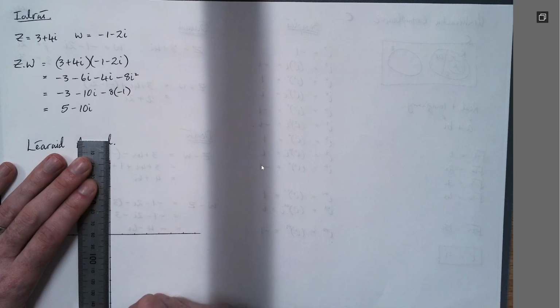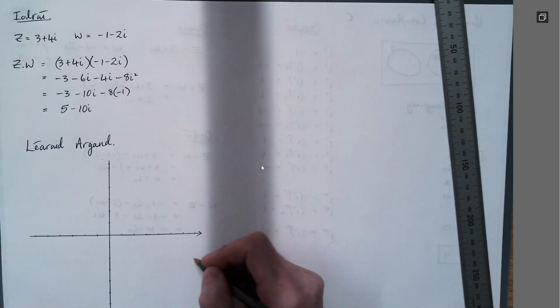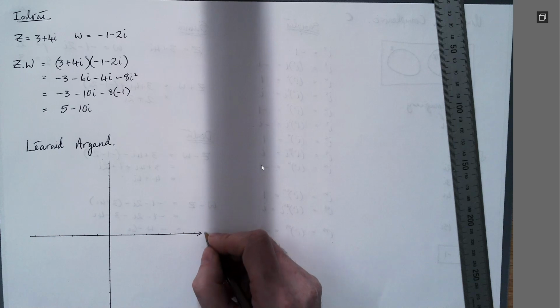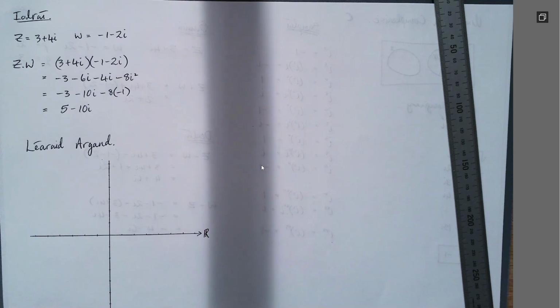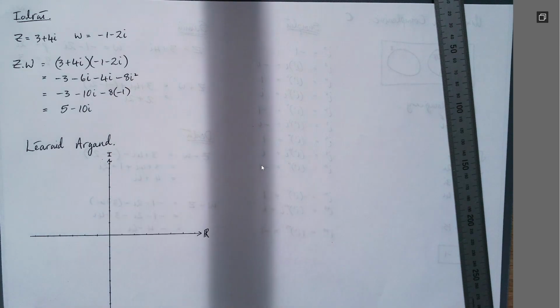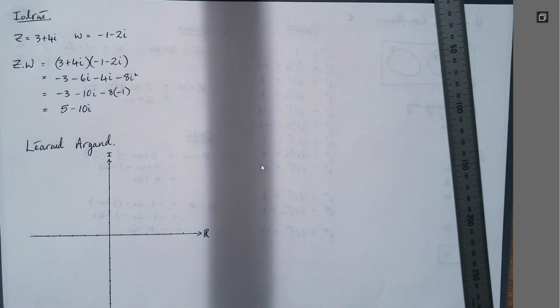The x-axis is what we call the real plane, and the y-axis is your imaginary plane, with the imaginary numbers against i. So your real numbers are on the x-axis, and the imaginary are on the y-axis.